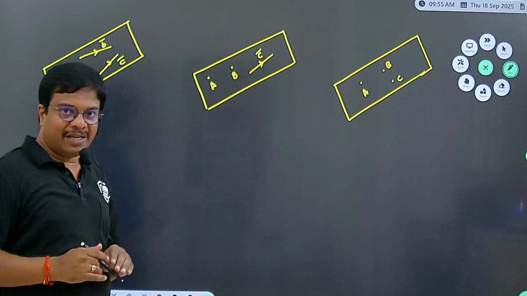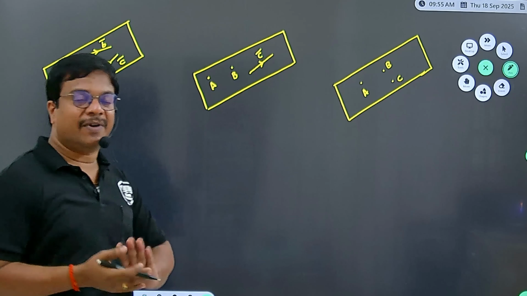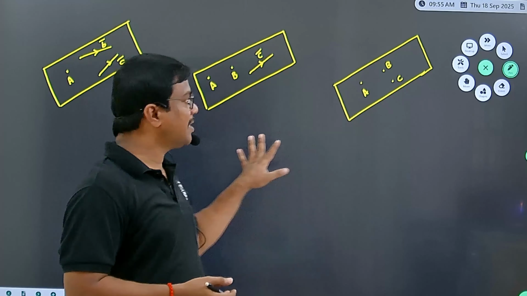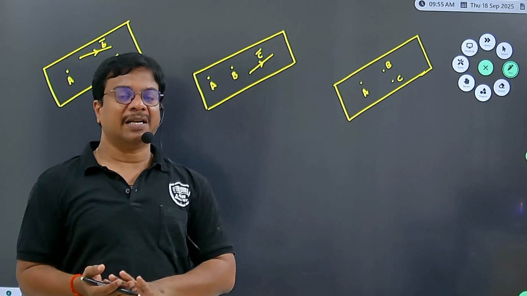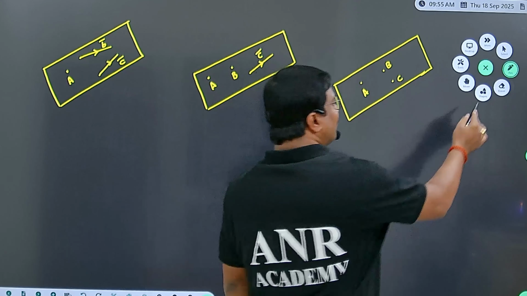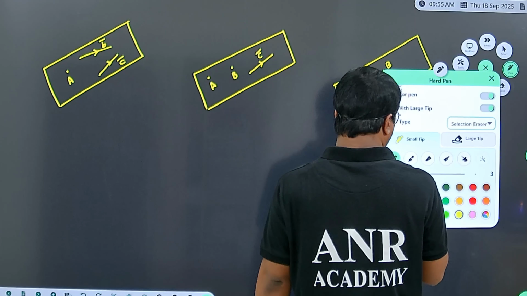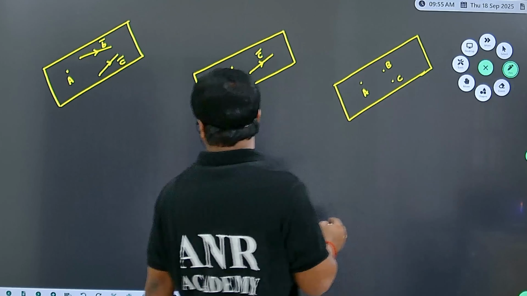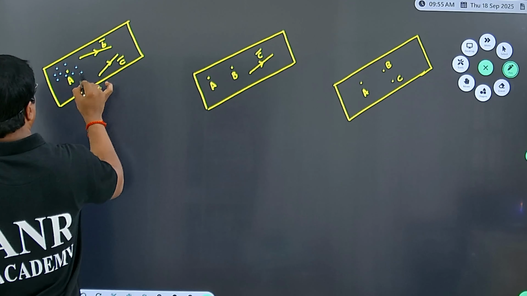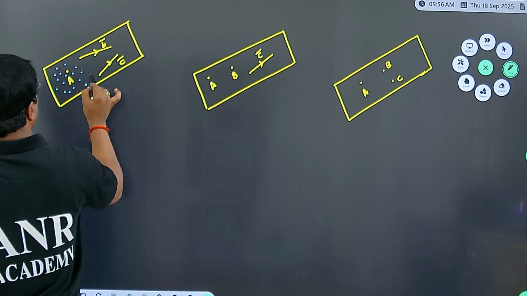Every geometrical figure is formed by a path of points, and those points must satisfy a geometrical condition. Here, a plane is also formed by different points. A plane is also a collection of infinitely many points, right?